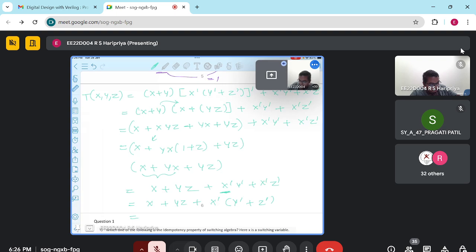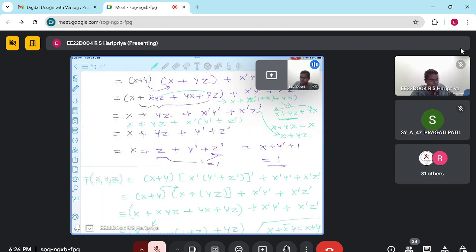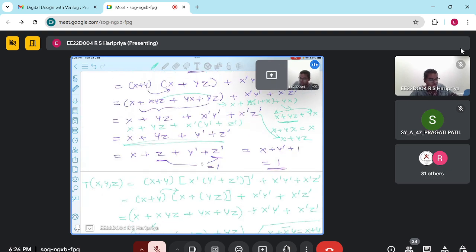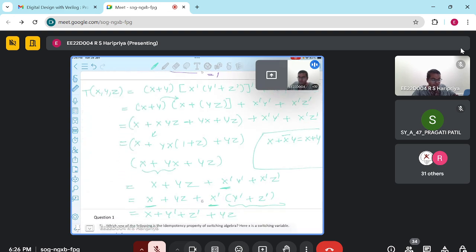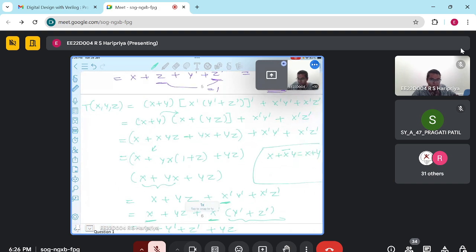If you apply this theorem, x plus x complement y is equivalent to x plus y. So this plus x complement, plus this whole thing as y, will give x plus this whole thing, which is y complement plus z complement plus yz. So with this we come to this step. I hope it is clear now.